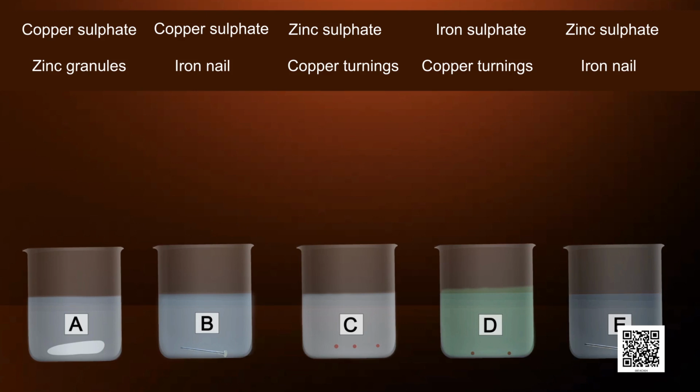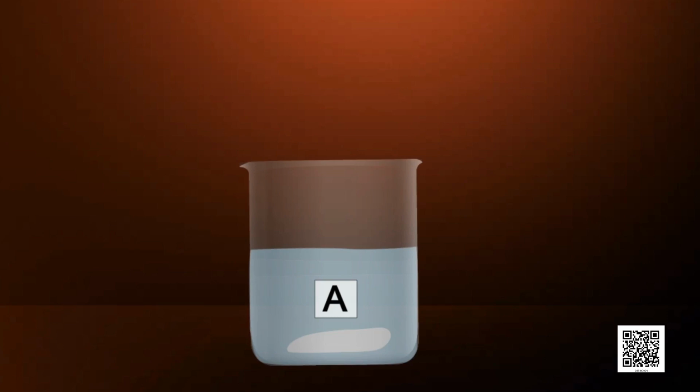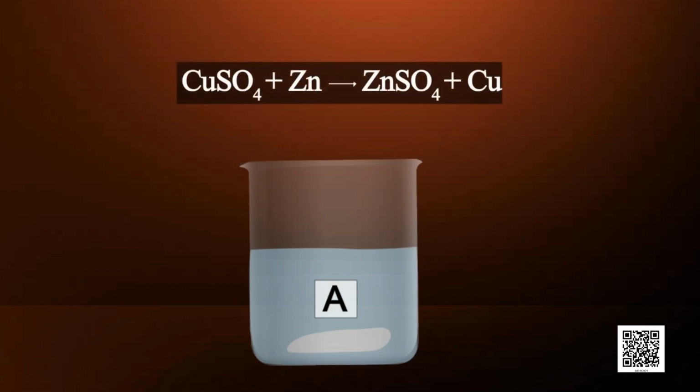Now record your observations. After some time, we will observe different changes occur in these beakers. First of all, let's observe beaker A. In this beaker, zinc displaces copper from copper sulfate solution.